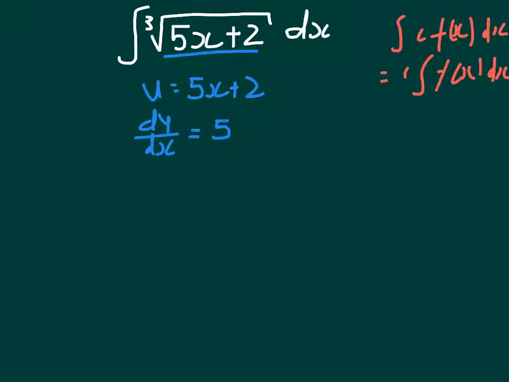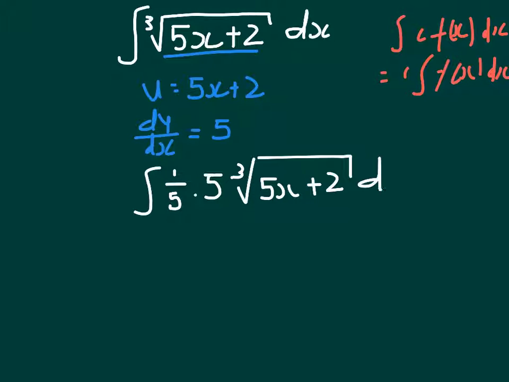So if I rewrite it saying that it's exactly the same as a fifth times 5 times my problem that I had originally, then this sorts out the problem that I have with my 5, because then I can take out my fifth and I have the integral of 5 and the cubic root of 5x plus 2.